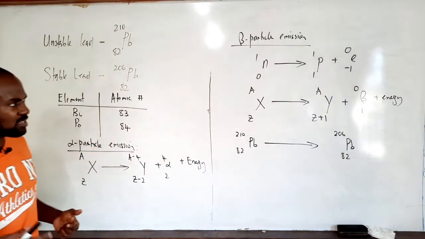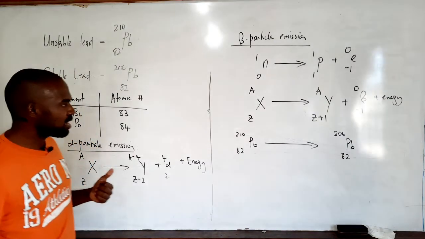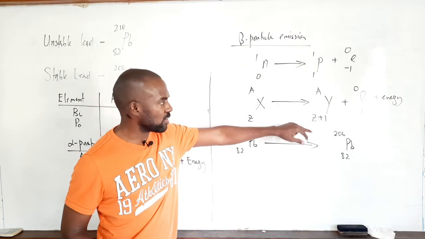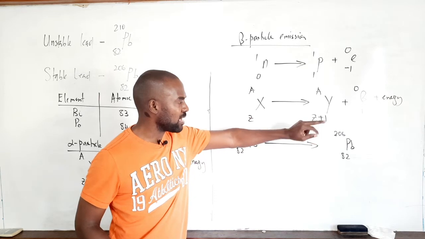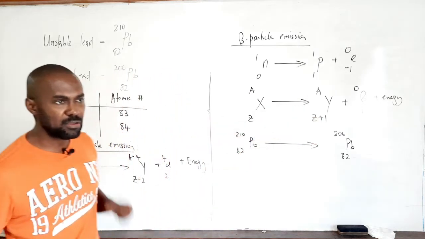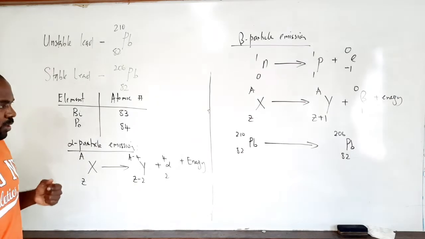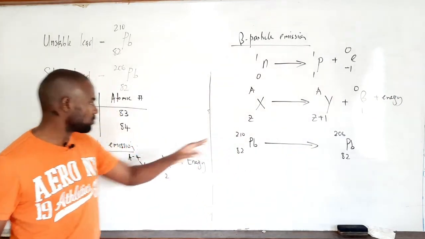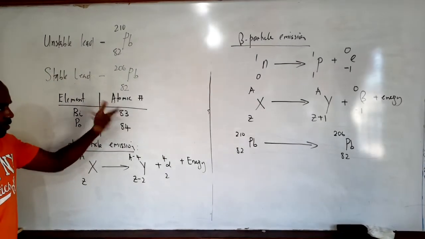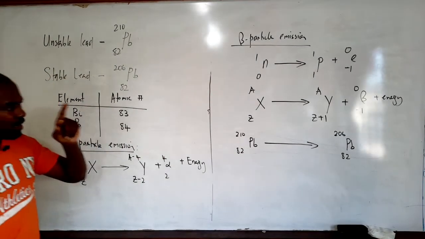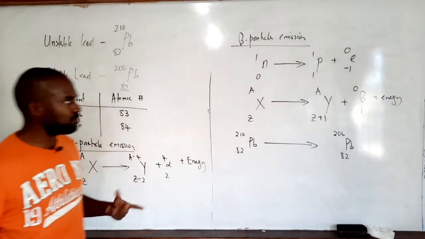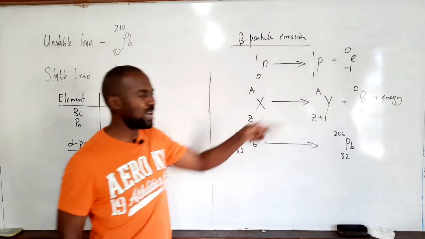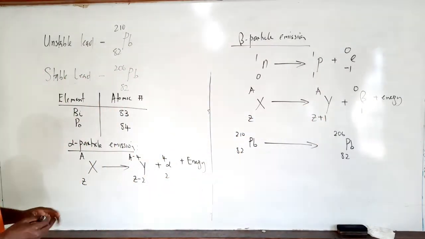Therefore, in order to produce bismuth, unstable lead must emit a beta particle so that the proton number increases by 1 and the mass number remains the same. And the reaction is this.